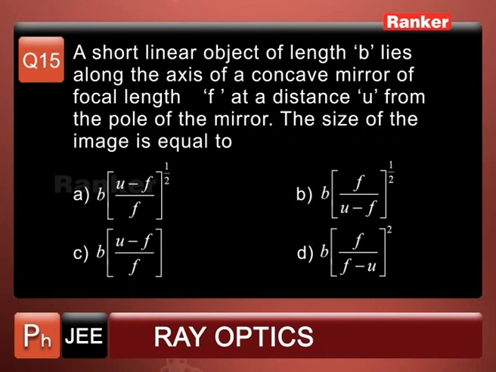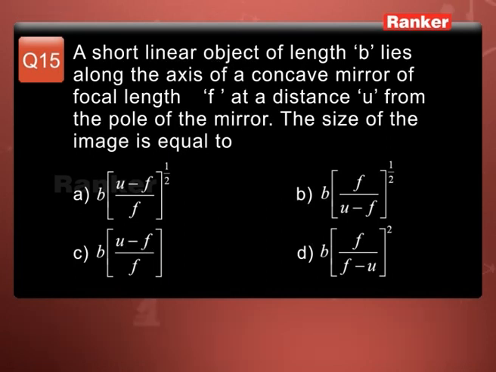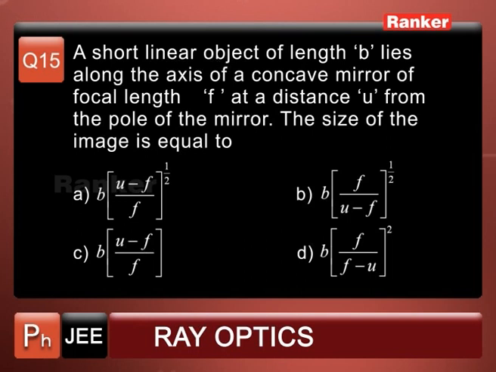First option, b into (u minus f by f) whole to the power half, that is the square root of that. Second option is given b into square root of f by u minus f. Third option, b into u minus f by f.